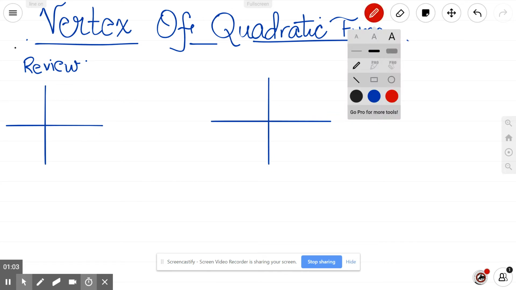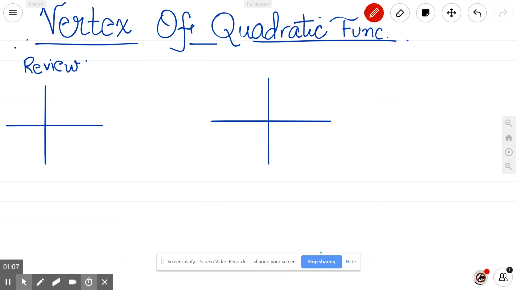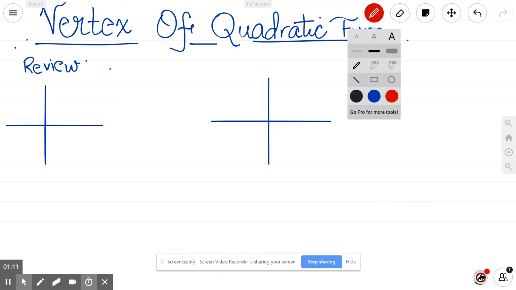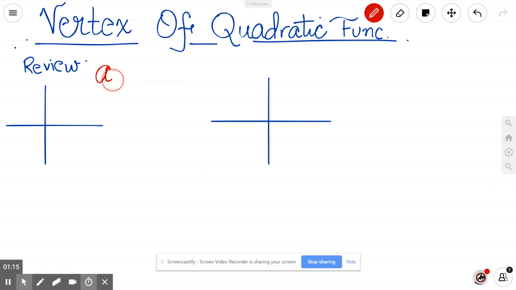So in my last video on quadratics, I talked about when your equation is of the form ax squared plus bx plus c. This is your quadratic function, where it's a function of x, where your a, b, and c are numbers.